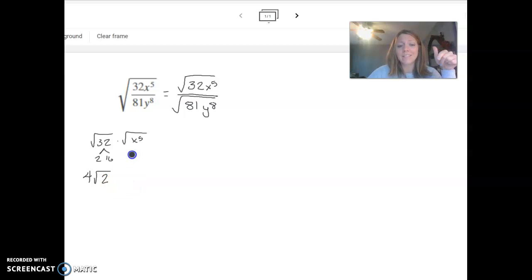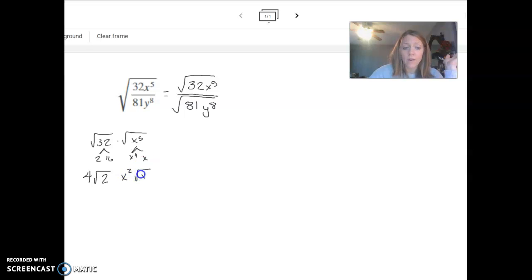Now let's do x to the 5th. What's the square root of x to the 5th? Well, again, how many groups of 2 are there in x to the 5th? You got your x to the 4th, which is 2 groups of x squared, and then times x. So the square root of x to the 4th will be x squared.